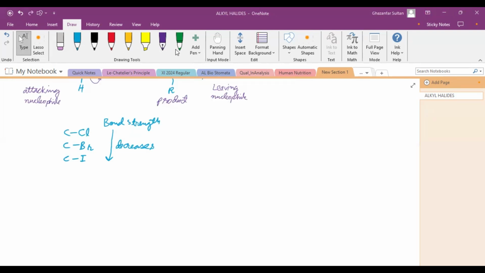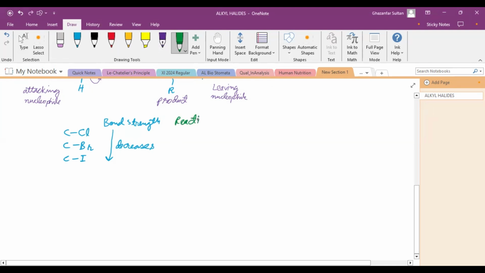We have seen that the bond strength decreases down the group. So the reactivity of alkyl halides increases down the group. As the carbon-iodine bond is broken easily, it undergoes SN1 reaction easily.